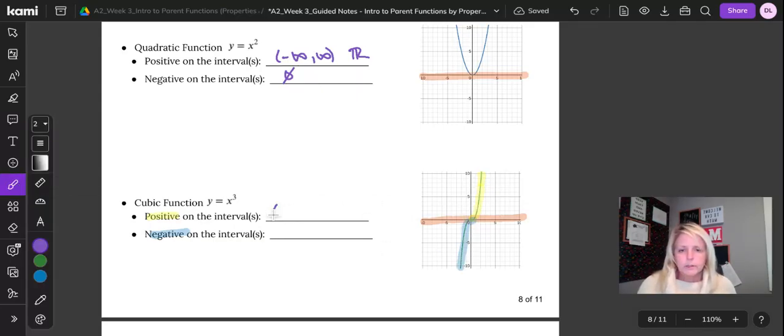So positive on the interval, again, 0 to infinity, or x is greater than 0. And then negative, so it's below the x-axis from -infinity to 0. So remember, you're writing your values from least to greatest. So -infinity is lower than x. -infinity would be out here. Or x is less than 0.